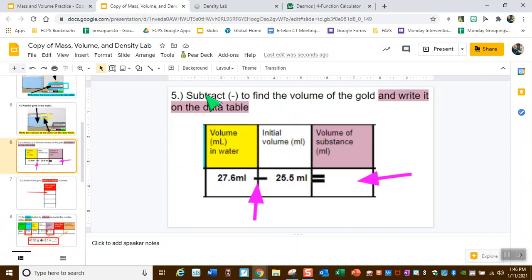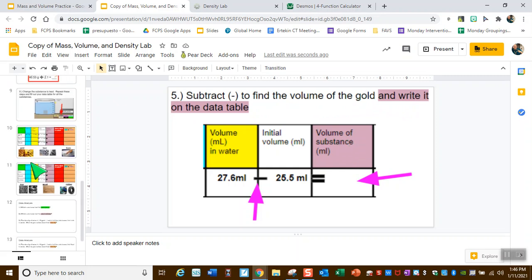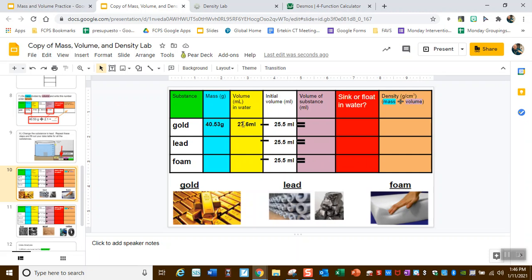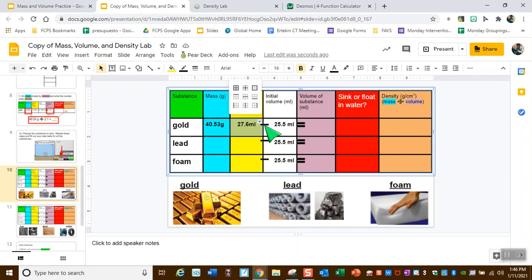Step 5. Subtract to find the volume of the gold and write it on the data table. You are going to do the yellow box minus the white box, and this is going to give you the volume of the gold. So let's do 27.6 minus 25.5.